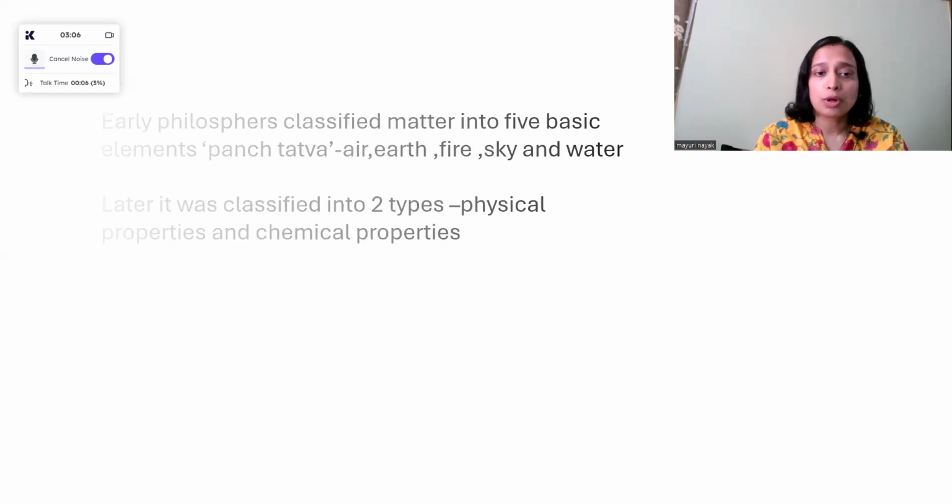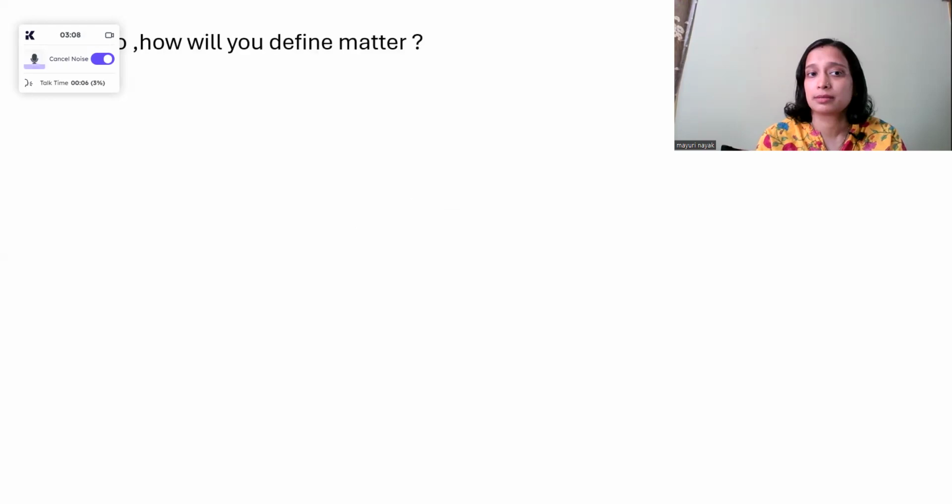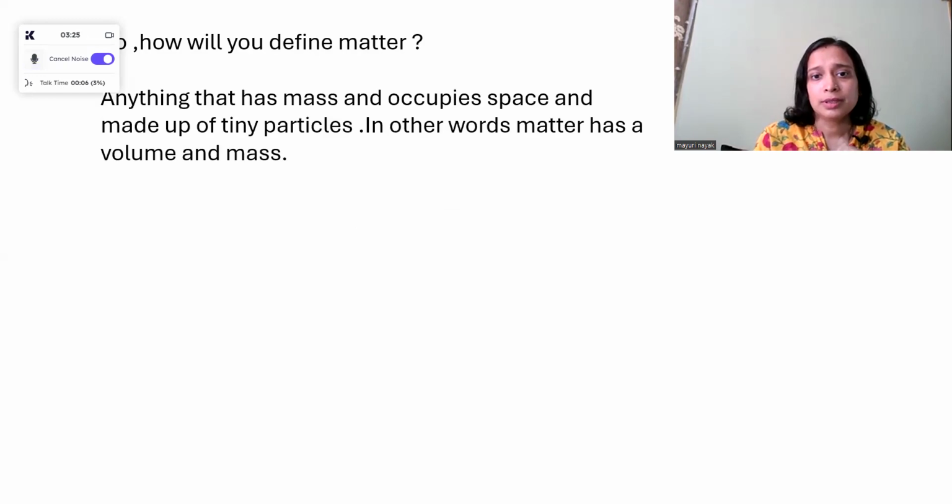So what did you understand by matter? How will you define matter? Matter is something which acquires space and has a mass, and it is made up of tiny particles. In other words, matter has a volume and mass.